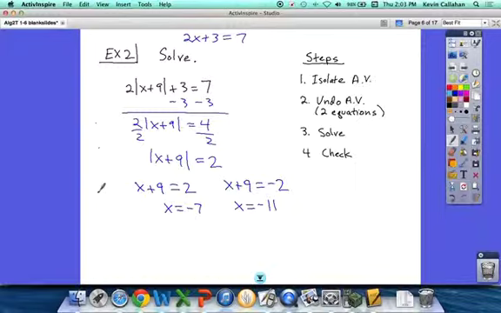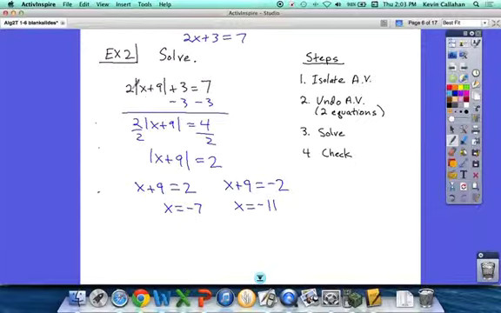Yes? They're both right. Do they both satisfy the equation? Put in negative 7 here. Negative 7 plus 9 is 2. 2 times 2 plus 3 is 7. Put in negative 11. Negative 11 plus 9 is negative 2.